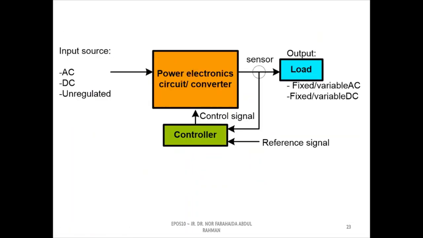In regulating the operation of the converters, we need a control signal. Normally, a control circuit generates the signal by comparing the output signal of the converter and its reference signal.